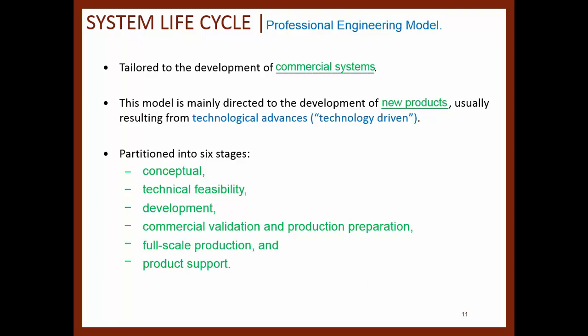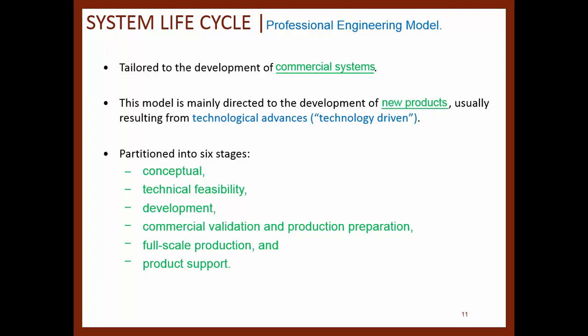You go from the concept, you find the technology. Is there any technology that we can use to make this happen? If that's the case, then we can move to development. Then from there, commercial validation and production preparation. So you start looking at who's going to be your clients and who is going to be doing the production of this equipment.